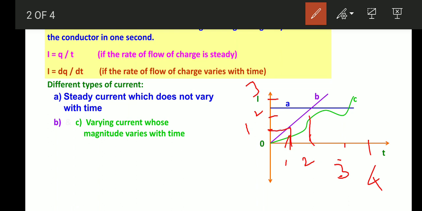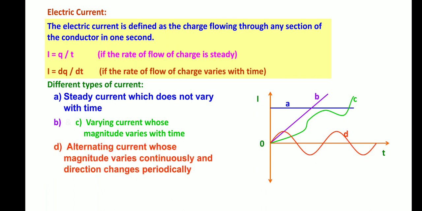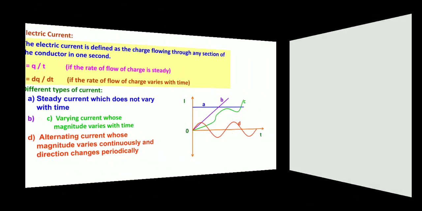When time is 2 seconds, the current is 2 ampere in the case of B. But in C, it is varying with the time. So both B and C are varying current, since the magnitude varies with respect to the time. That is why it is called varying current. The next case is alternating current, where the magnitude of the current is varying continuously with respect to the time, and it is a periodic one.